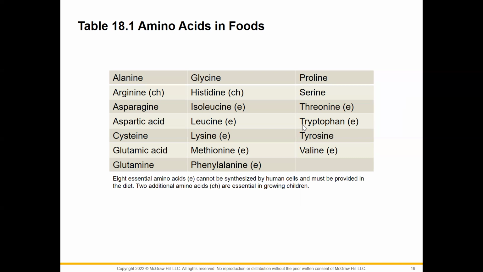You may have heard the term tryptophan. Tryptophan is that amino acid that causes people to be sleepy. So, when someone eats a turkey sandwich, you'll oftentimes get really sleepy, and that's because of the high tryptophan content. You see the E on the side of it, that means that these are essential amino acids.